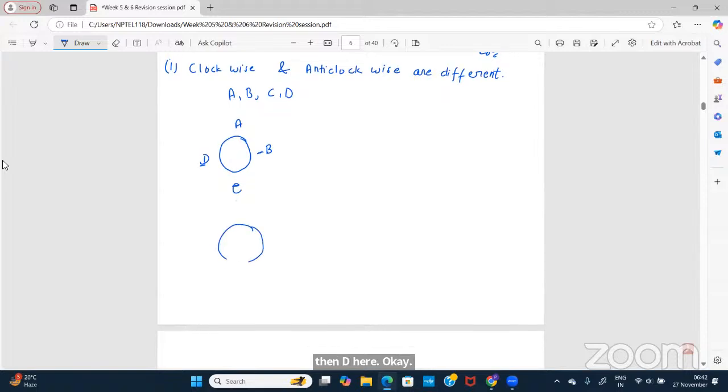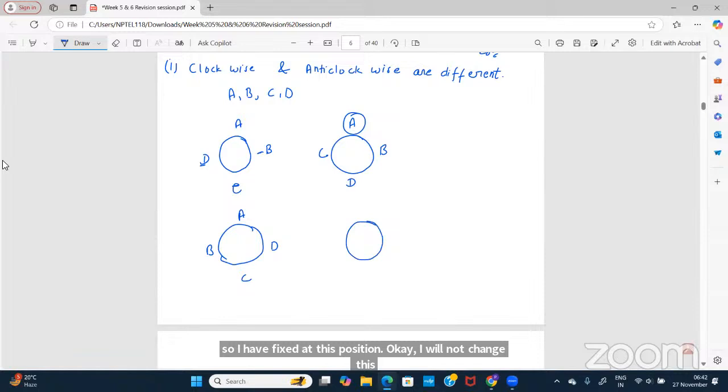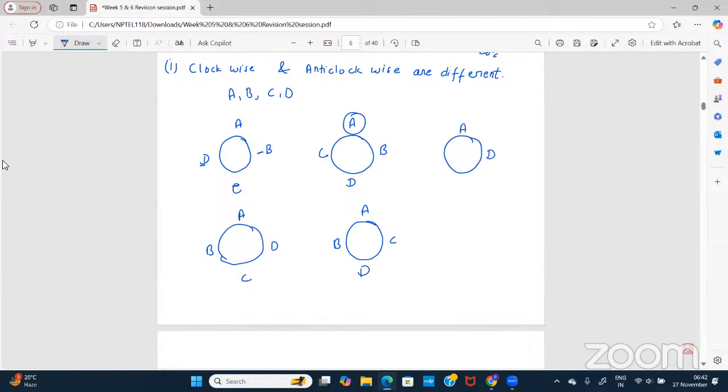Now next I can make it like this. I have fixed this position and I will not change this. So this many arrangements will be there, right? Is it correct?